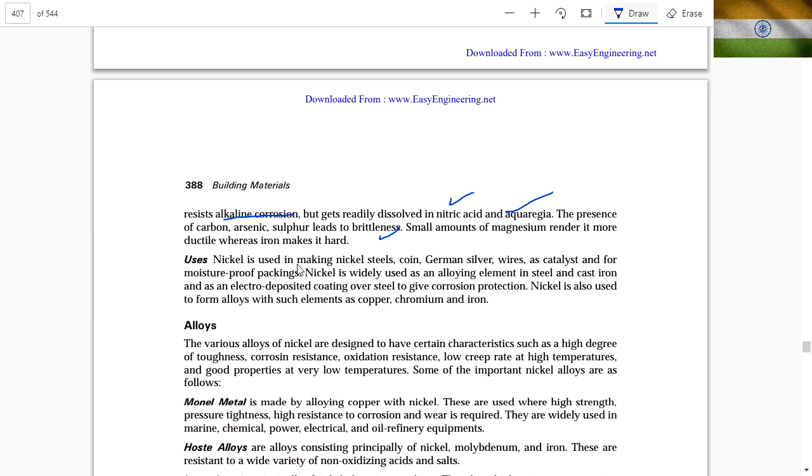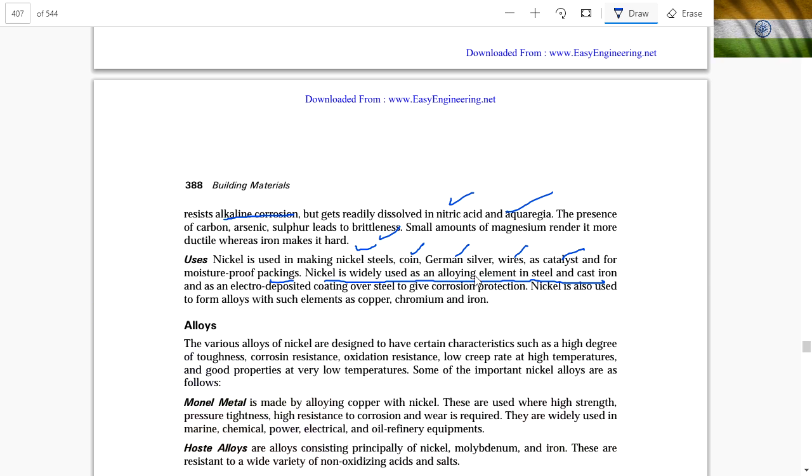Now what is the use? Nickel is used in making nickel steel, coins, German silver wires, and as a catalyst. Nickel is widely used as an alloying element in steel and cast iron, and as an electro-deposited coating over steel to give corrosion protection.